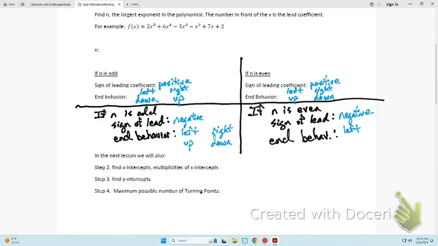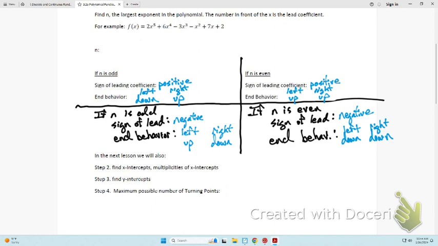Back up a little bit. I can't believe I did that. I even said what it did and I wrote the wrong word. It is up. That was an error. So it should say up right there. If it's negative, left is down and right is down. All right, now it's right. Sorry about that. I think I was thinking ahead.